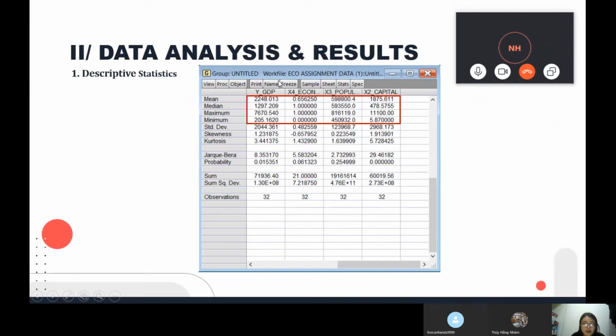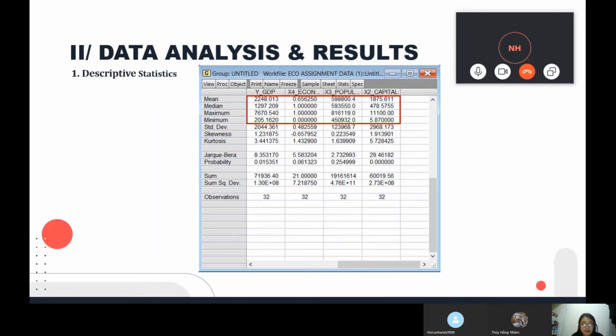The means of GDP, population, and capital are the average values, which are equal to these amounts that you can see here. The maximum amounts of GDP, population, and capital are all in the year 2007, and the minimum amounts are from around 1976 to 1995.